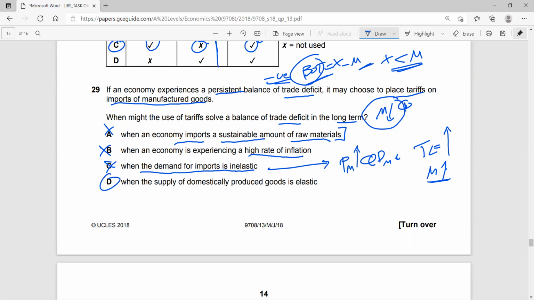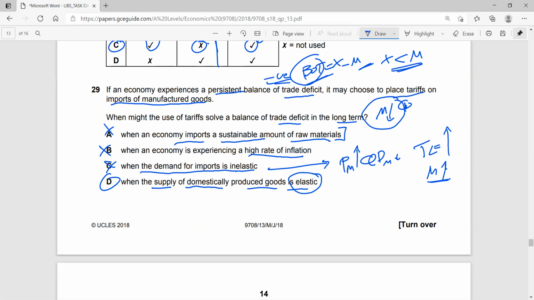So by elimination, you have D, but also when the supply of domestically produced goods is elastic makes sense, because if you've imposed a tariff on imports, you've made them pretty expensive. You would want your domestic supply to quickly be able to expand and be elastic and respond to that, and thus fulfill the market demand instead of the imports very easily.